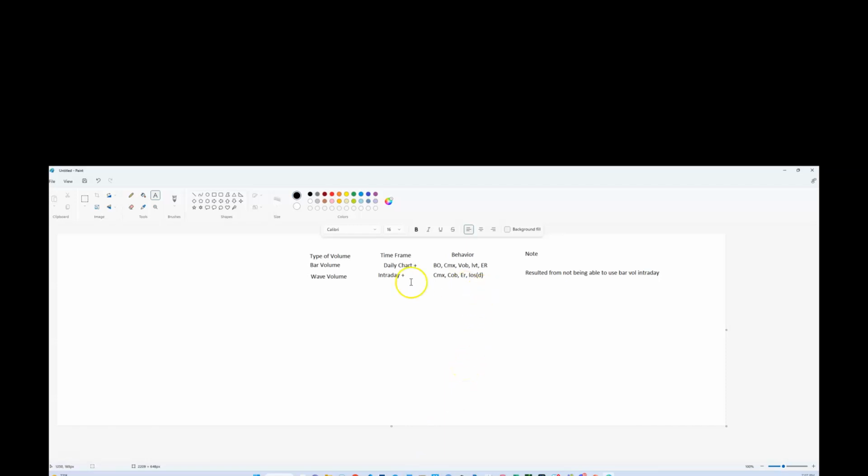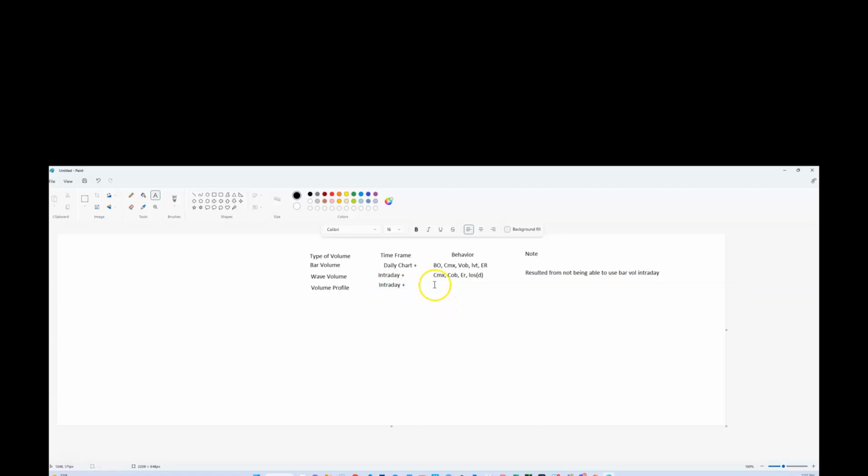Anyway, next volume. Next volume is the volume profile. It's called volume by price. This you could use also on intraday plus.